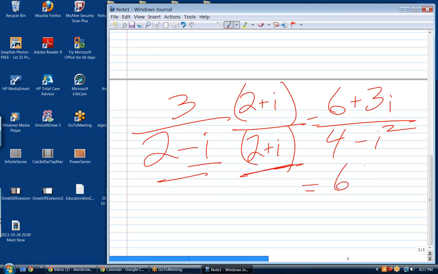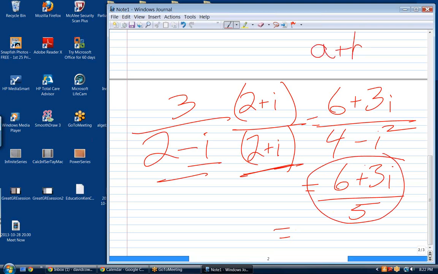Well, this becomes 6 plus 3i over, what is 4 minus i squared? 4 minus i squared, 5. This answer isn't really a good final answer. We want it in a plus bi form.